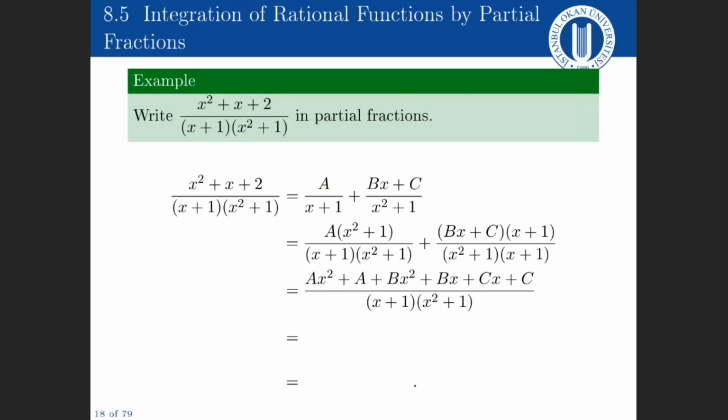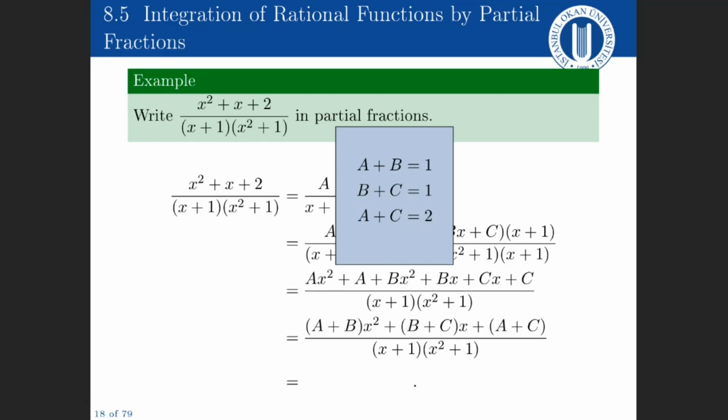Multiply out and then simplify. We get (a plus b)x squared plus (b plus c)x plus (a plus c) over (x plus 1)(x squared plus 1). And this needs to be the same as the function that we started with.